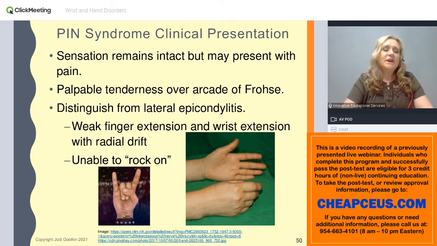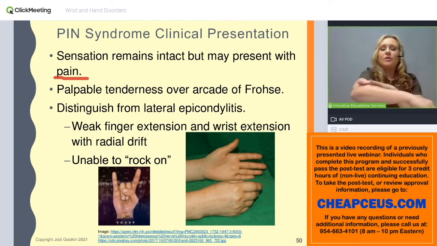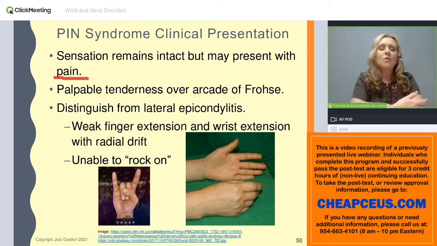The clinical presentation for posterior interosseous nerve syndrome, again, we're going to see that sensation is going to remain intact. However, the individual will present with pain because there are nociceptors located in this branch of the nerve. The pain that the individual presents with is going to be in that similar region where one would complain of discomfort with lateral epicondylitis, which is part of our differential diagnosis for posterior interosseous nerve compression.